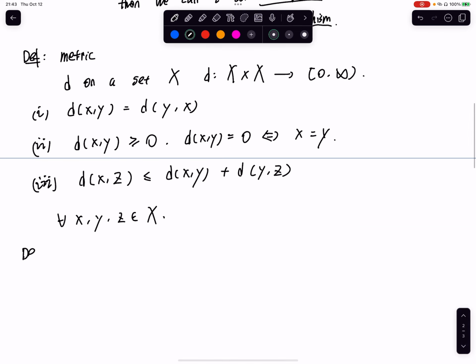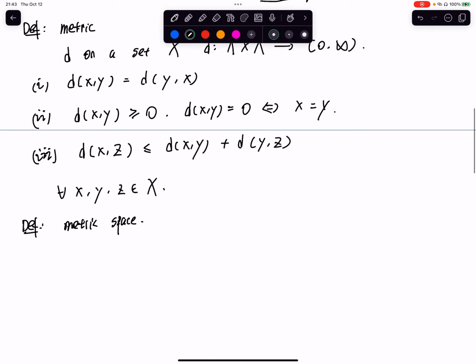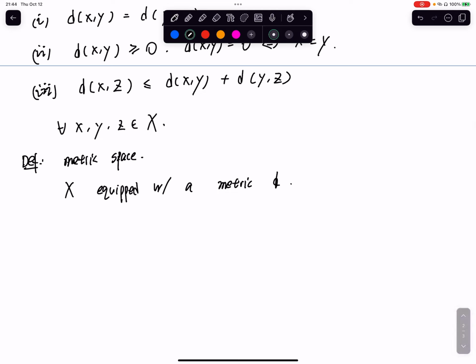And also we say a metric space. So a metric space is a set X equipped with a metric, namely d on X. So one very familiar metric space is the Euclidean space.